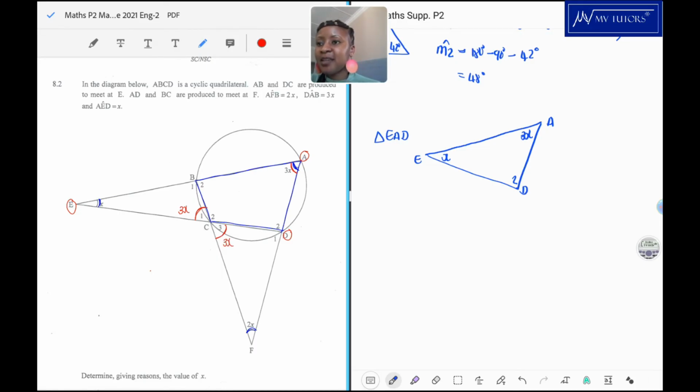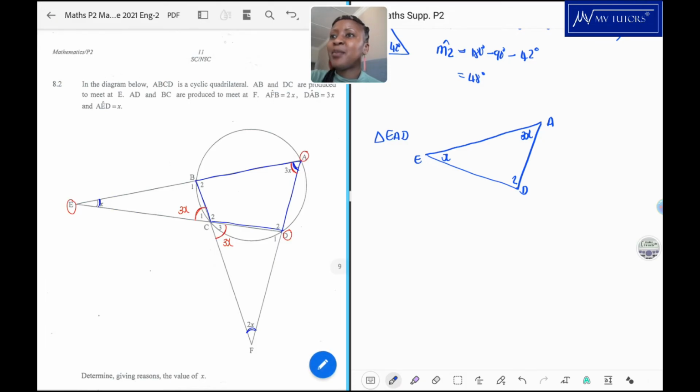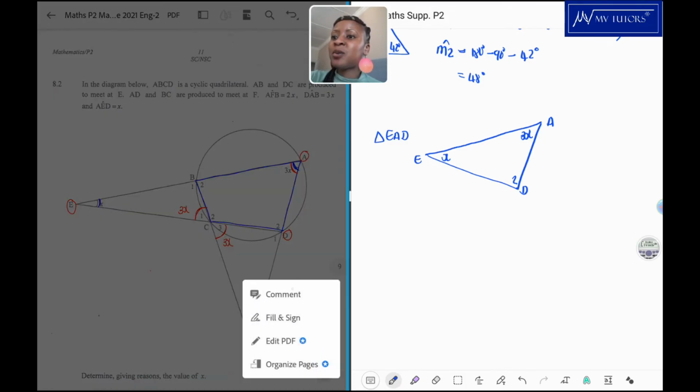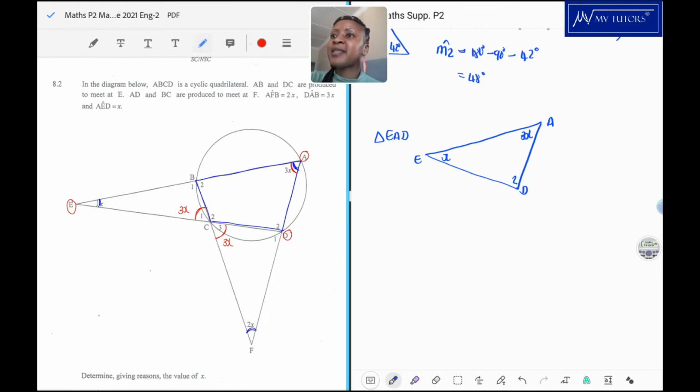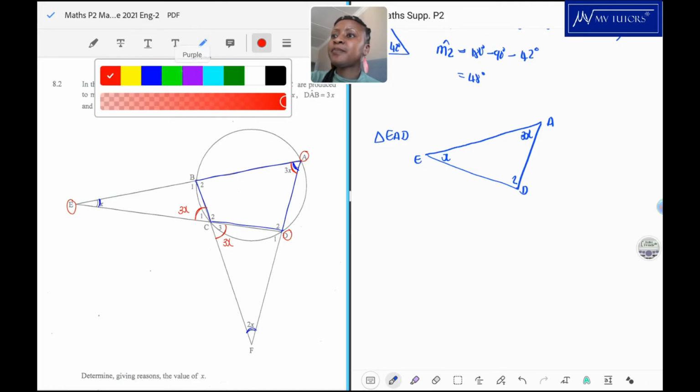But does it help me anyway? Not really. So I have C1, I have C3. If I had a look at B1, I'm just gonna point out that B1 is actually equal to D2. Where that takes me, I don't know.